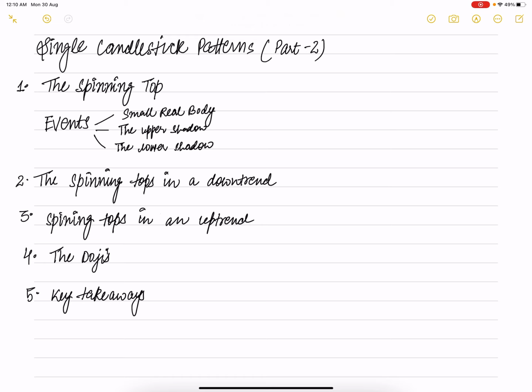If you think about the real body in conjunction with the upper shadow, ignoring the lower shadow, what do you think had happened? The presence of the upper shadow tells us that the bulls did attempt to take the market higher. However, they were not really successful in their endeavor.